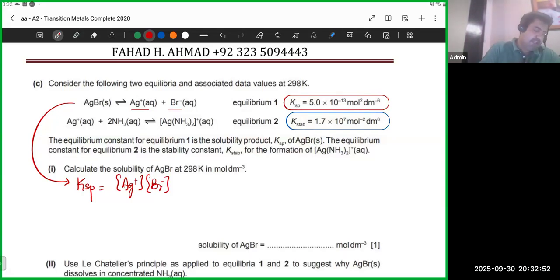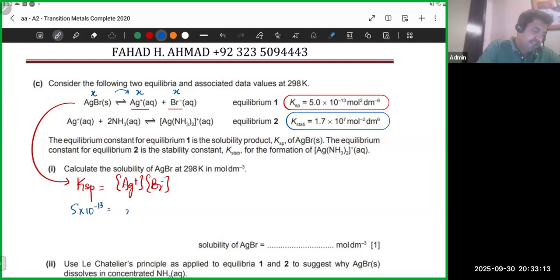Now he's asking for the solubility. So we're going to assume that in a saturated solution, X mole per dm cube dissolves. So in a saturated solution, the amount of Ag+ ions would be X, and Br ions would also be X. So my KSP would be 5 times 10 power minus 13, which is given.